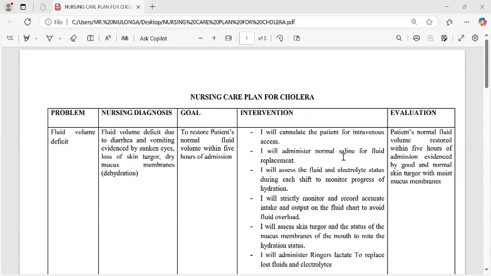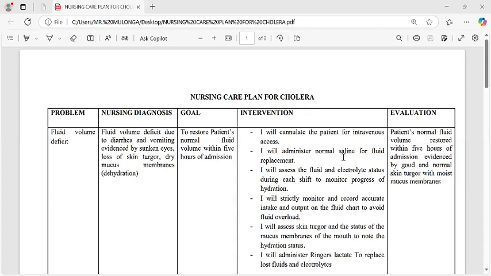We are going to make sure that the fluid we are giving to the patient and all the fluid they are losing, which can be through vomiting or diarrhea, is recorded on the fluid balance chart to avoid fluid overload, even underload. The other point that we can also include here is I will administer Ringer's lactate to replace lost fluids and electrolytes. As we know, Ringer's lactate is one of the fluids that has a load of electrolytes.